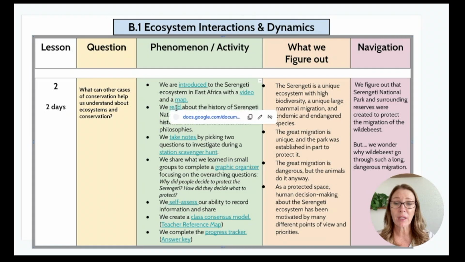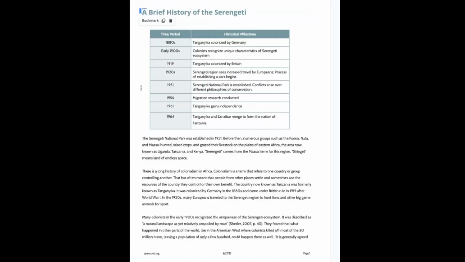We then read a little bit about the history of the Serengeti. So this article does a few things. It talks about, first of all, the timeline of protecting this park. It was not established until 1951, but it also talks about colonization and how people come in and take over an area and use the resources for their own benefit.